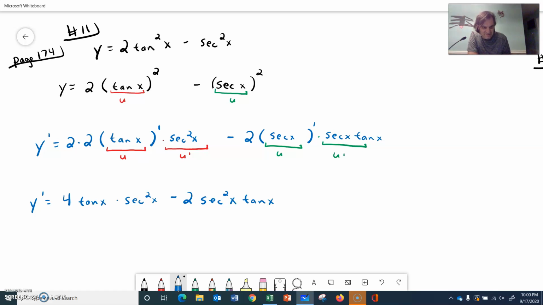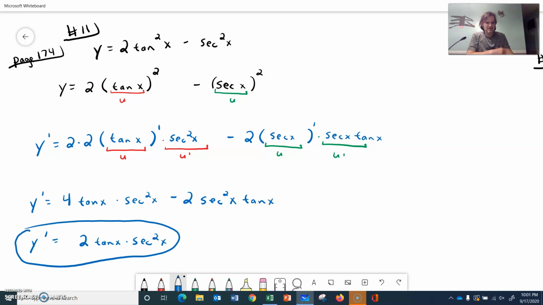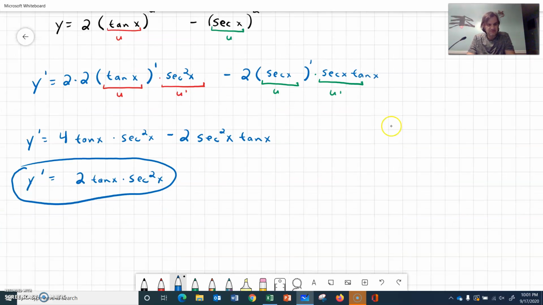And I wasn't expecting this, but I have like terms. I have 4 of the tangent secant squared, and I'm taking away 2 of the tangent secant squared. So in the end I'll have 2 tangent of x times the secant squared of x. Pretty nice endpoint there. If you see different versions, let me know.